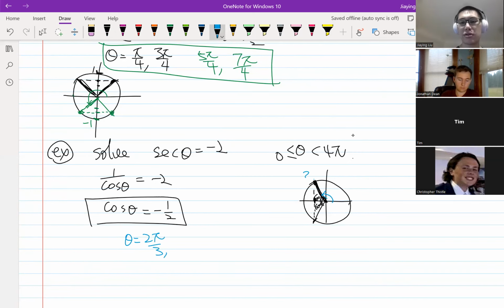That's the first one. And then 3 pi over 3, that's a pi, and then 4 pi over 3 is the one below. So we found 2 angles in the circle from 0 to 2 pi. But here we're looking for all the angles from 0 to 4 pi. So that means we have to go around the circle one more time.